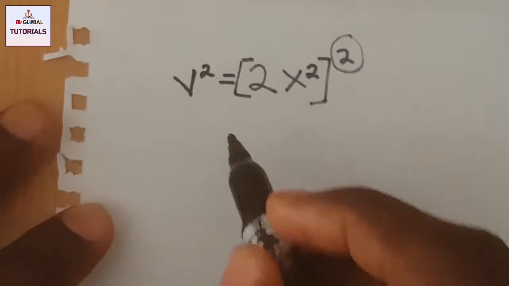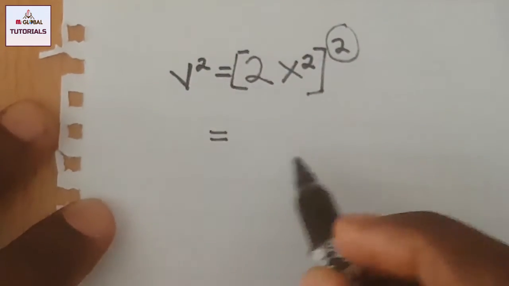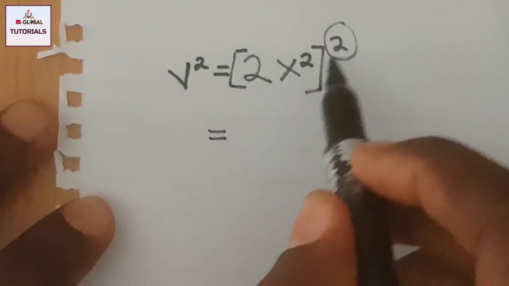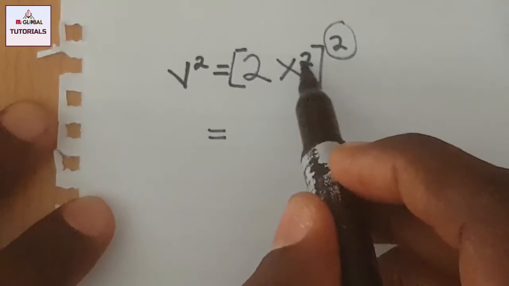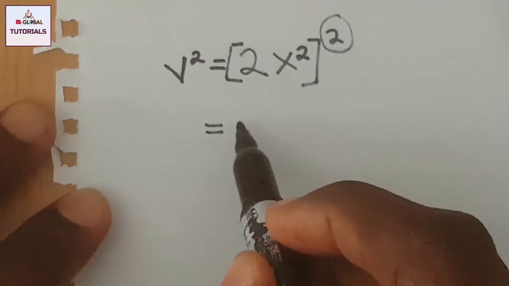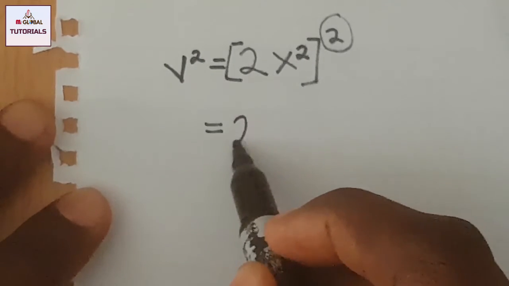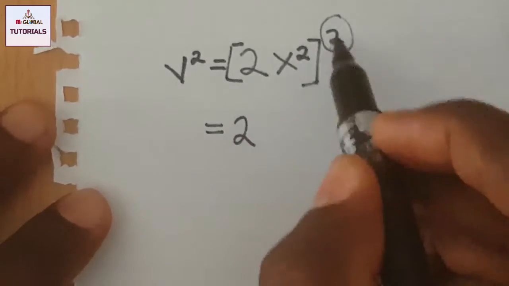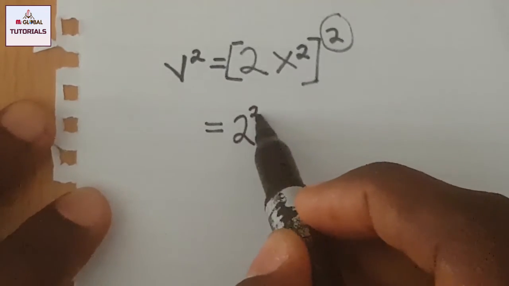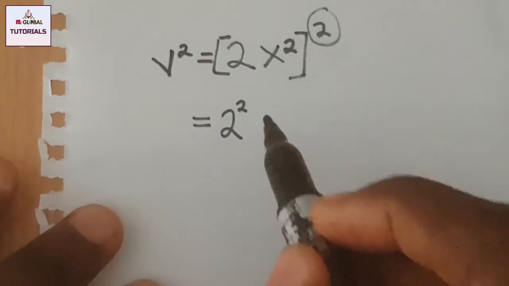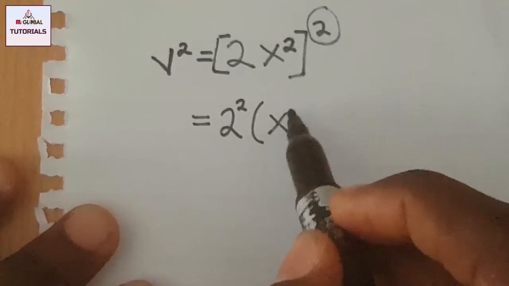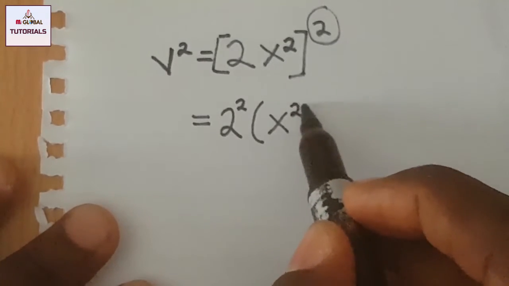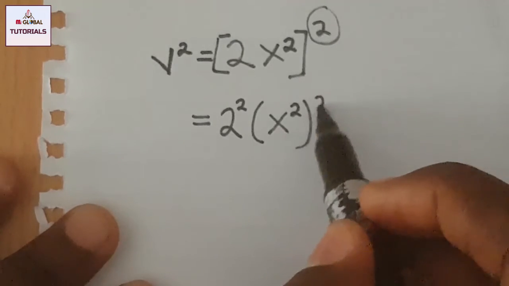Alright. And the whole thing is to the power 2. So we power this one, then we power this one. Let's do it separately. This gives us 2 multiplied by this, x squared multiplied by this.